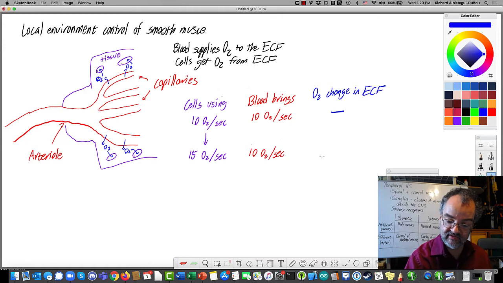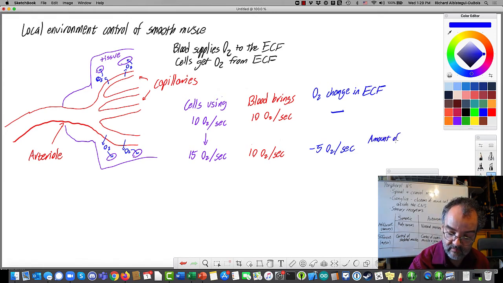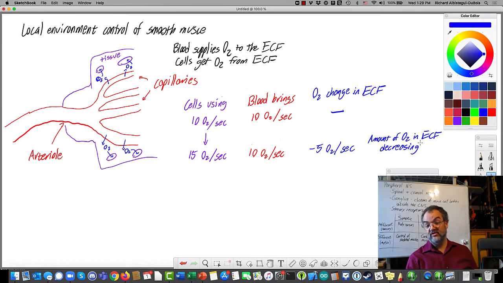That means that the ECF is losing oxygen. The cells are burning it faster than I'm supplying it, which means that the amount of oxygen in the ECF is decreasing. That's not good. We don't want that level of oxygen to go down.